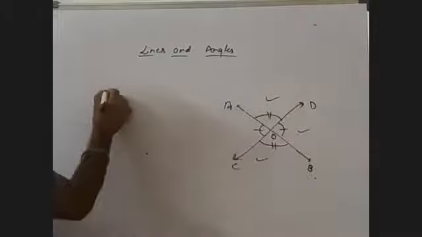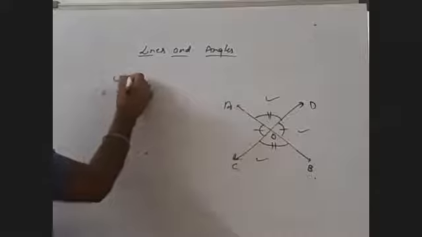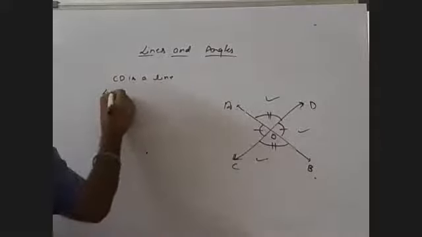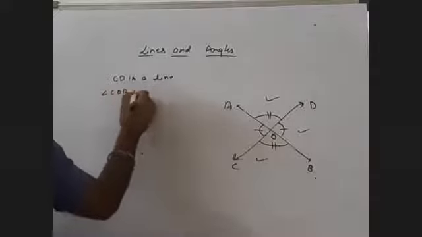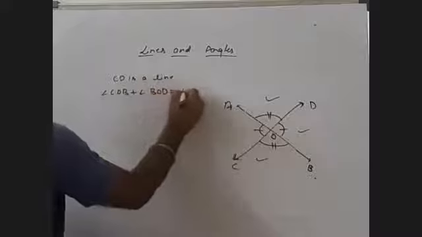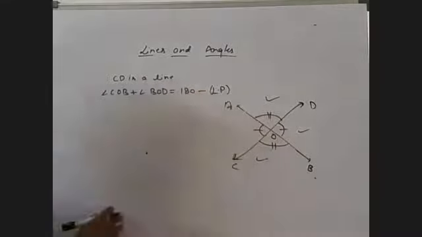Since CD is a line, angle COB plus angle BOD is equal to 180 degrees, the reason being linear pair, LP.